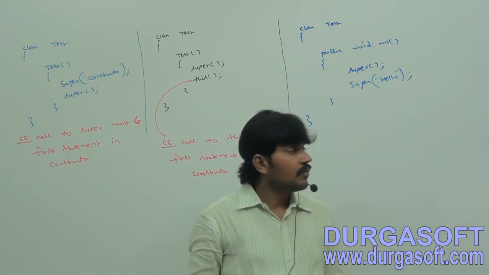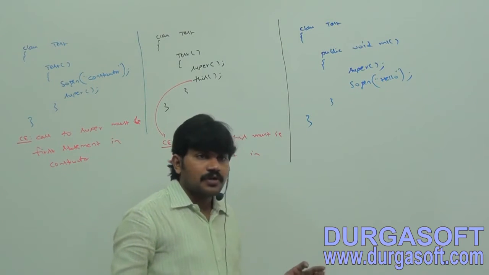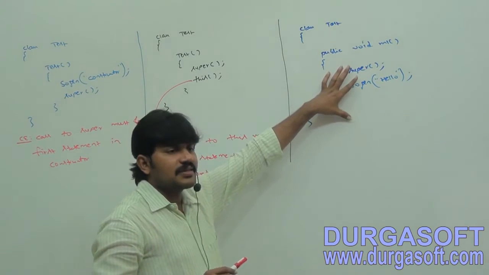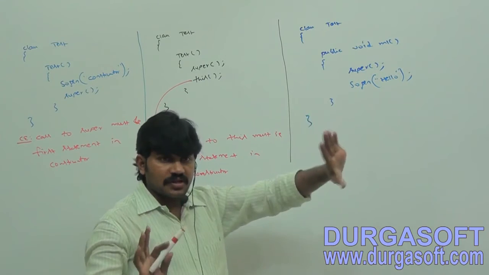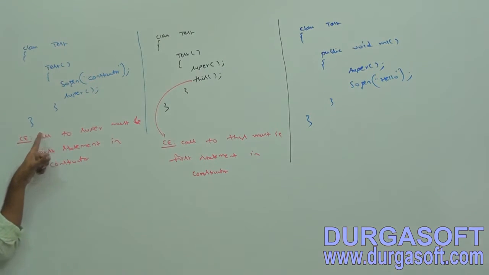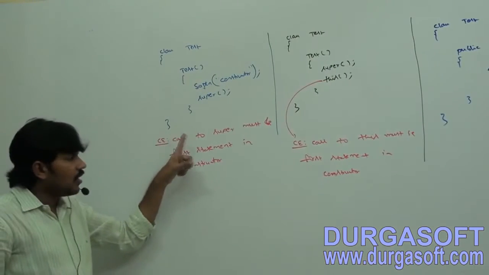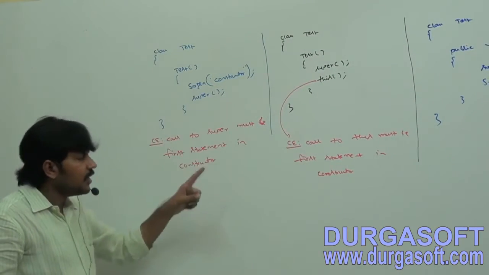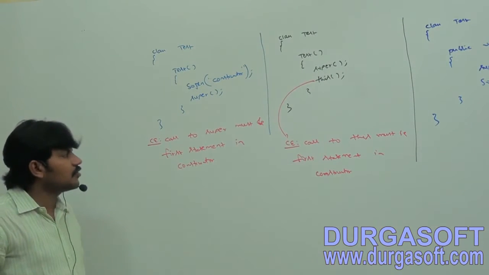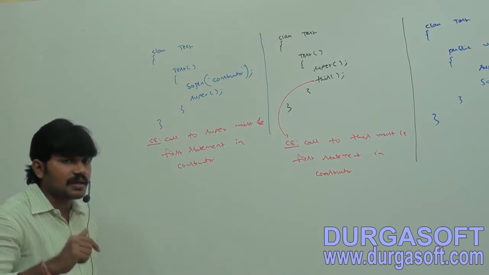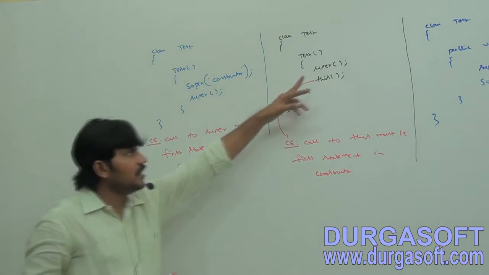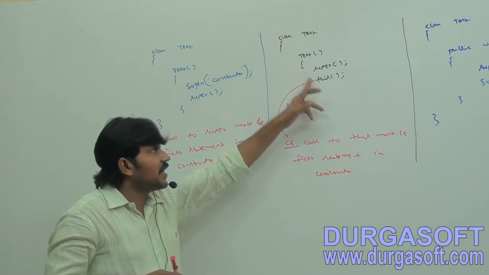Make sure you people are aware. In this case, what compile time error are we going to get? Can you please read this error? Call to super must be first statement in constructor. Let me repeat once again. Call to super must be first statement in constructor. We can take super or this only inside a constructor.